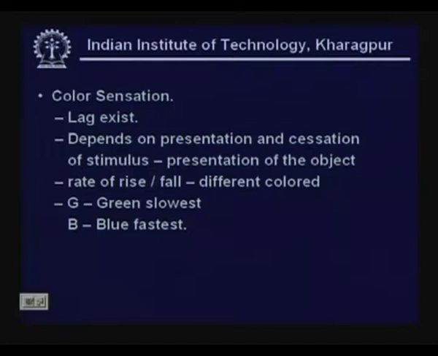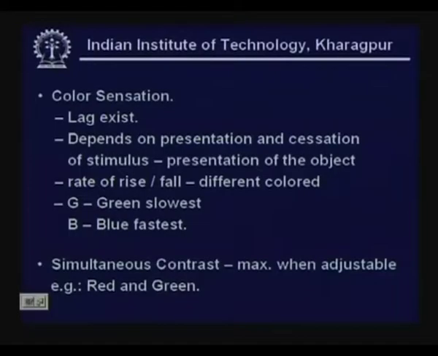And there is a lag in sensing these colors, and again all the time one has to remember that the time of observation matters a lot. Therefore, depending on the presentation and cessation of stimulus, the colored objects are felt, and all this together is what we call the chromatic aberration.